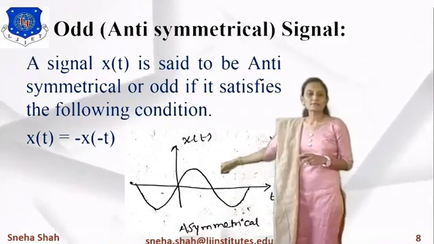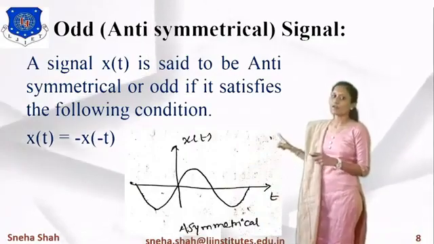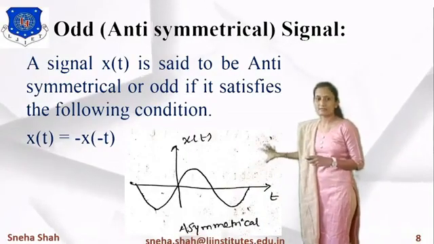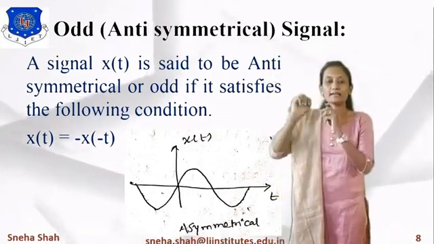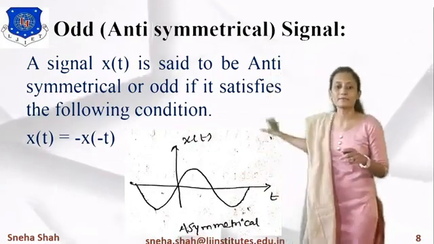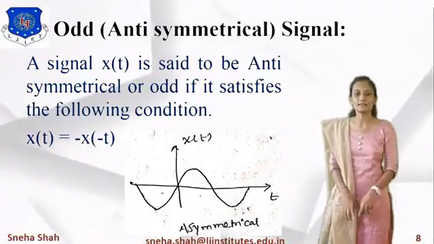So this signal is anti-symmetrical or odd, because the positive side is plus and the negative side is minus, so it will be in the negative or decreasing form.